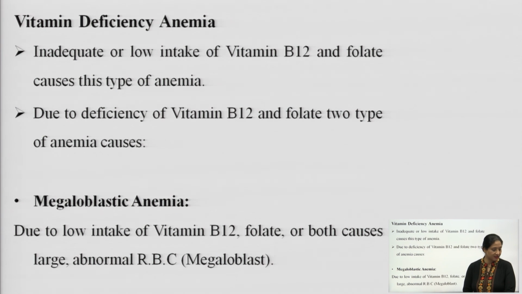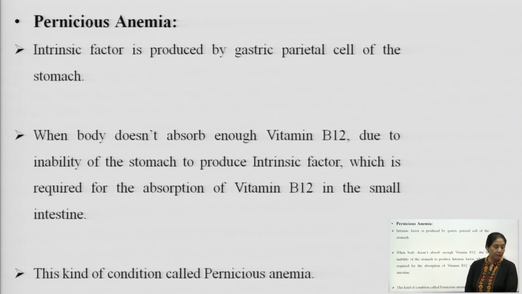Number 1, megaloblastic anemia, and number 2, pernicious anemia. In megaloblastic anemia, a low intake of folic acid or vitamin B12 is taken by the human being. Then pernicious anemia, where an intrinsic factor is improperly present, and this factor is required for the proper absorption of vitamin B12.